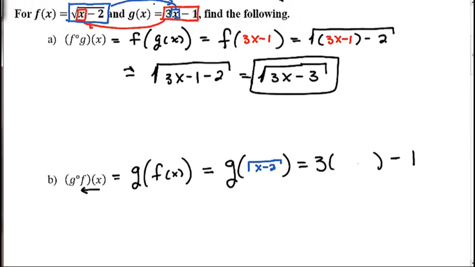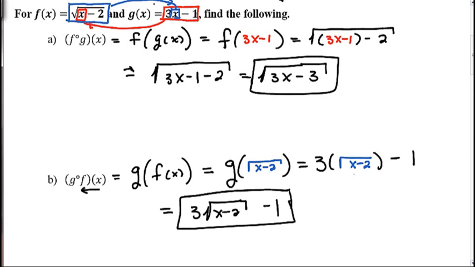What I'm plugging into x in the function g is this square root of x minus 2. So we have 3 times the square root of x minus 2, and then minus 1. We can't do anything to simplify this. This minus 1 is outside of the square root, so it just has to stay like this.